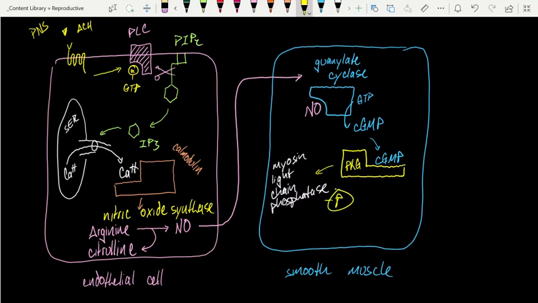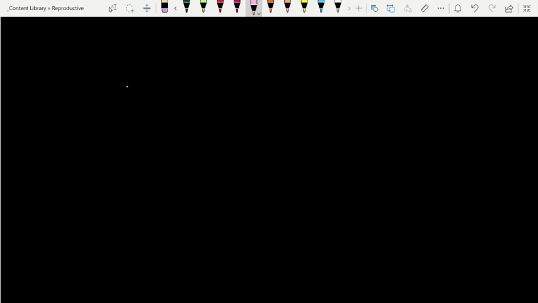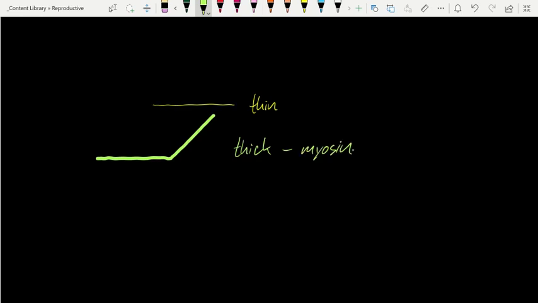Now, we haven't talked about smooth muscle and how it works, but hopefully you recognize the term myosin. Just as a brief reminder, if we look at sarcomeres, muscle has thick and thin filaments, and that thick filament is made of myosin. In contrast to skeletal muscle, smooth muscle doesn't have any tropomyosin to block this interaction, so there's always engagement between the myosin and thin filaments.